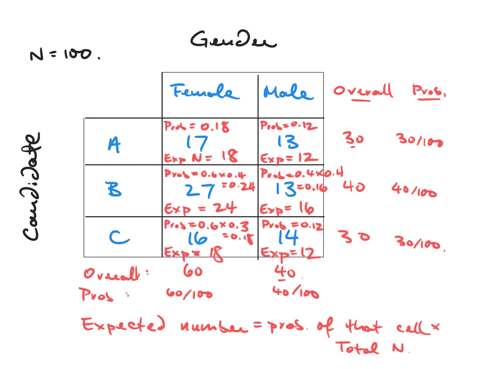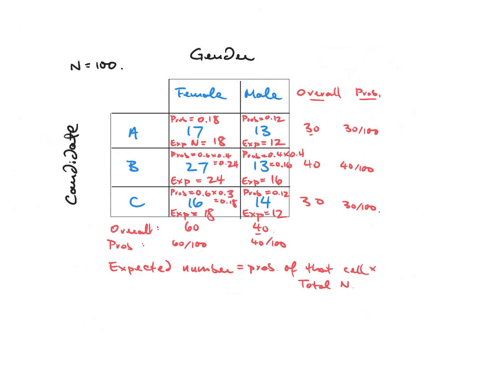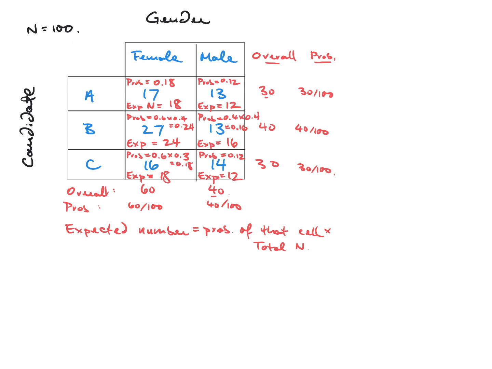All right. So let's test the hypothesis of independence with alpha equals 0.05.